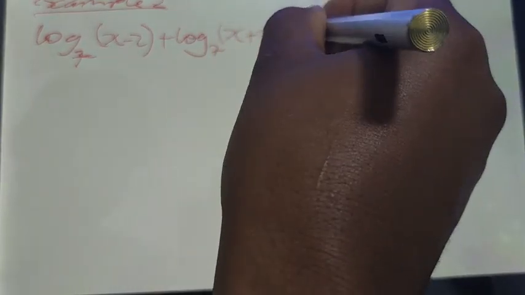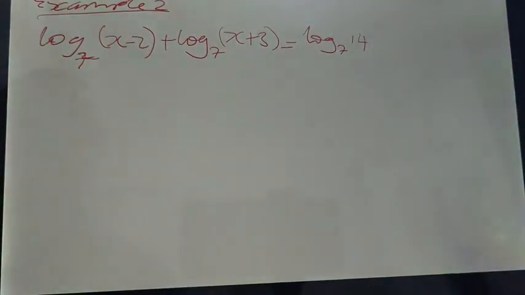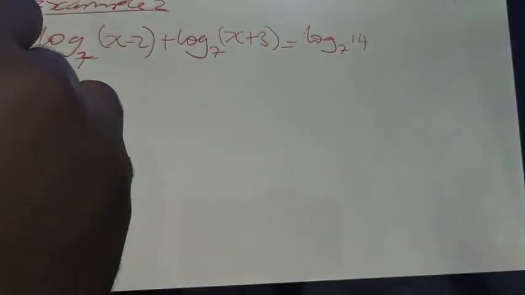We're saying log (x minus 2) base 7 plus log (x plus 3) base 7 should be equal to log 14. Okay, so simplify this side.